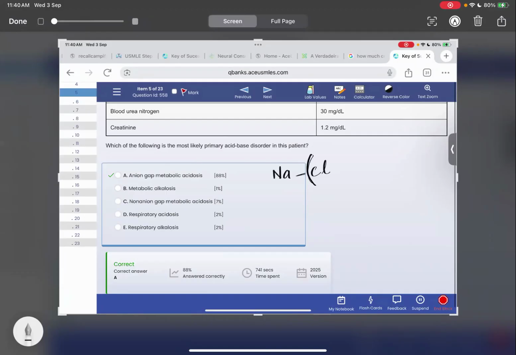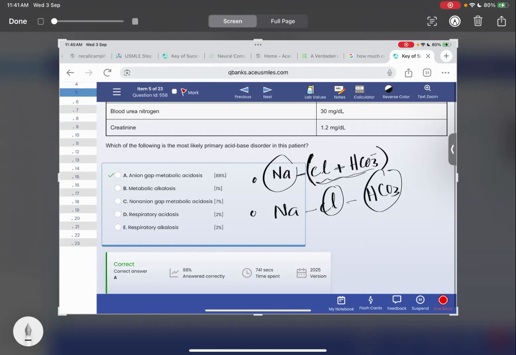If you are taking it in brackets, don't confuse it: you will add bicarbonate. If you are not taking it in brackets, first subtract this and then subtract this, or first add both of these and then subtract from sodium. Normal is 10 to 14.